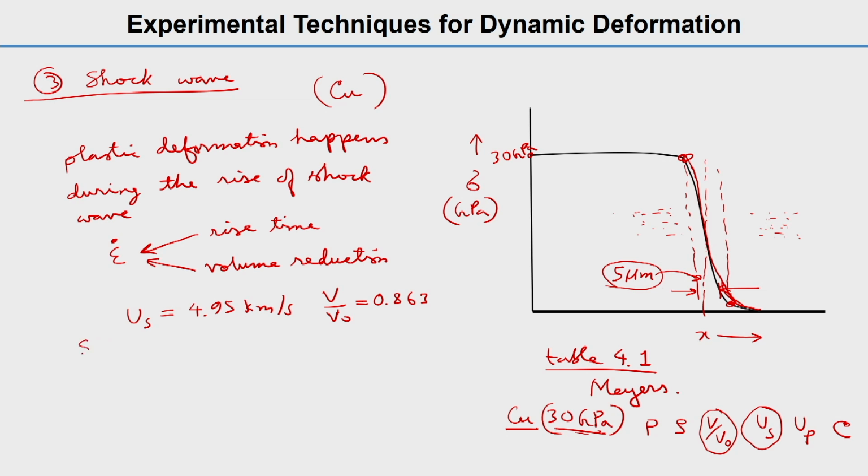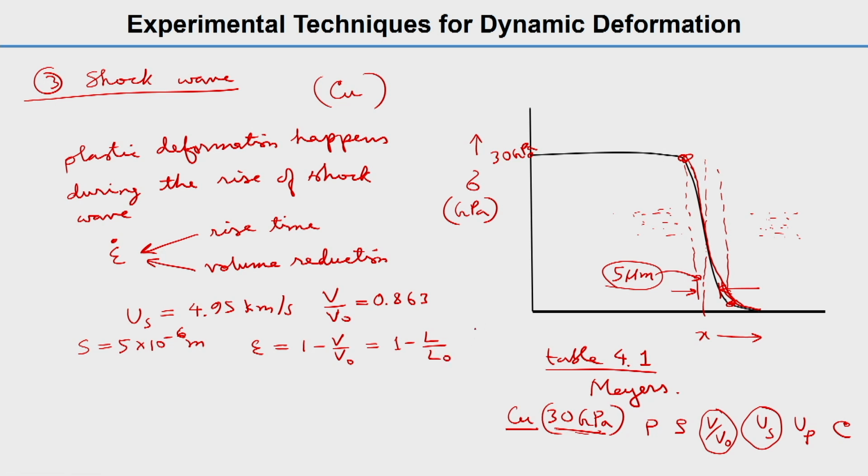So we assume that S equals 5 into 10 to the power minus 6 meter, and then epsilon, the strain, is 1 minus V by V naught, which will be equal to 1 minus L by L naught.